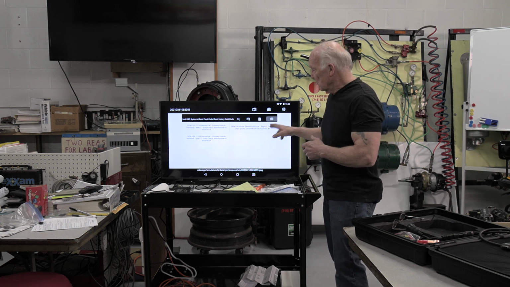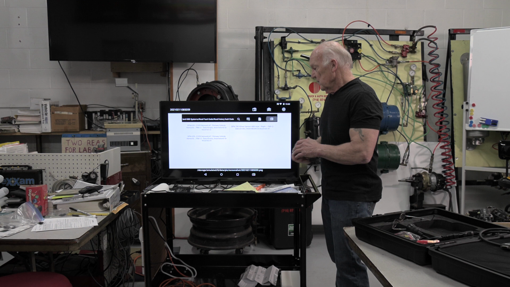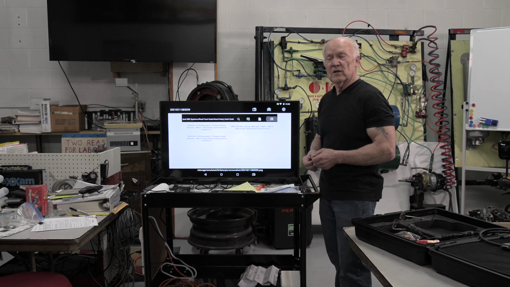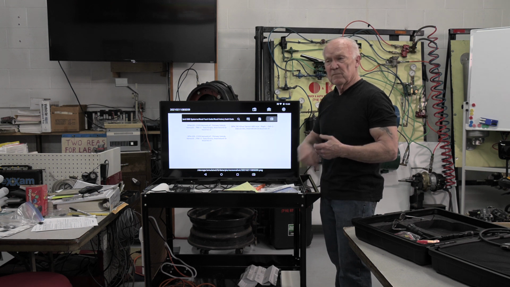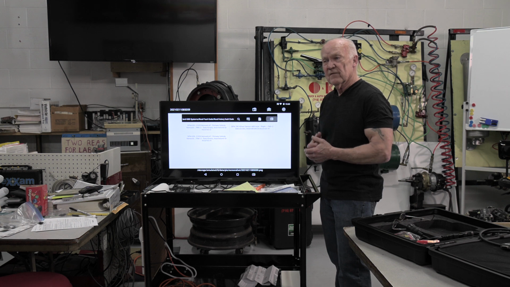And even if you get this code over here, erratic, this is where your next tool comes in handy. You just go out there, you get your digital volt ohm meter. If it's a sensor, it should be anywhere from 700 to 3000 ohms. You can actually pick up the wheel, get it off the ground, spin it, put it on AC voltage. You should get some AC voltage. If you don't have any of that happening, or they're out of spec, change the thing.